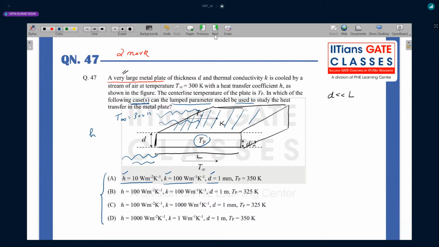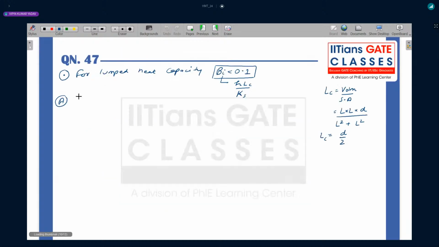So Biot number is equal to h Lc by k, where h is 10, and Lc is d by 2, with d equal to 1 millimeter converted into meter, and k is 100.